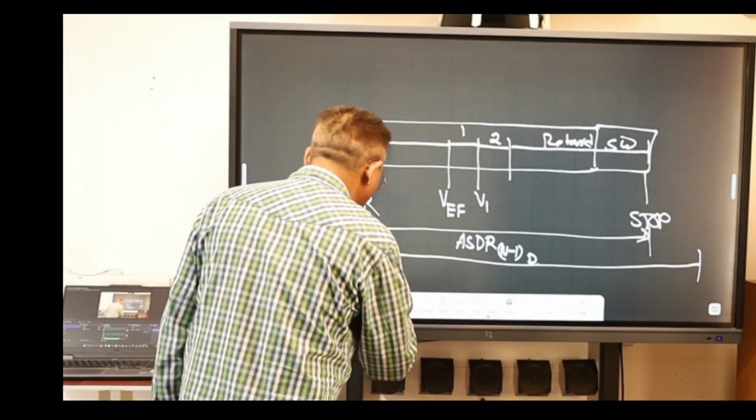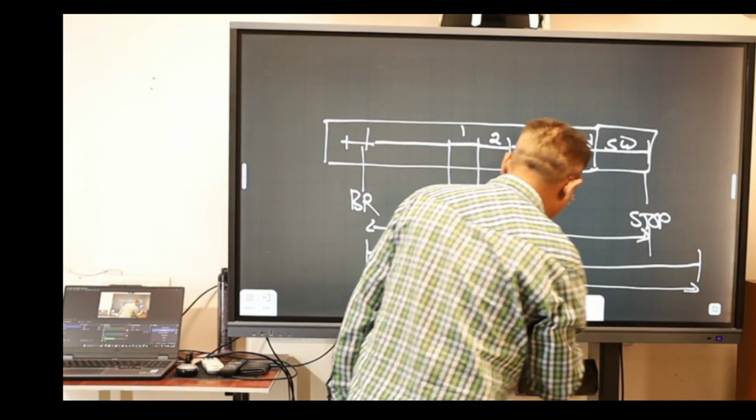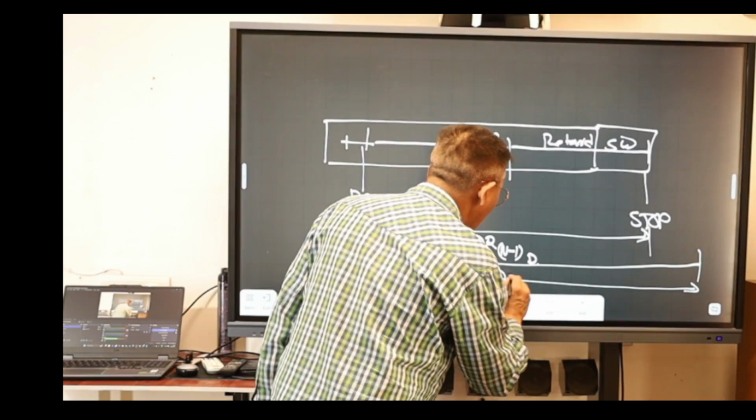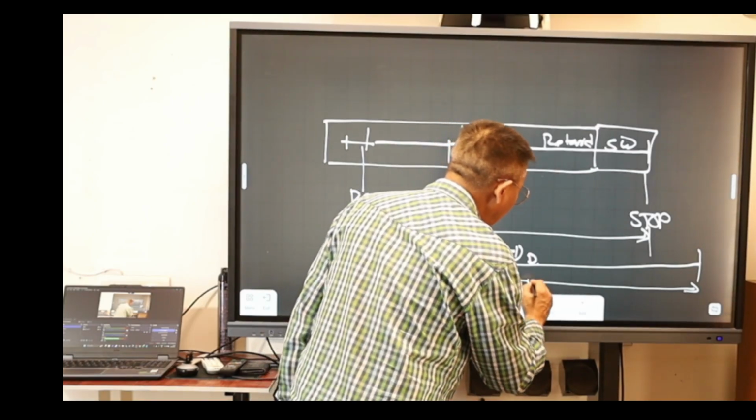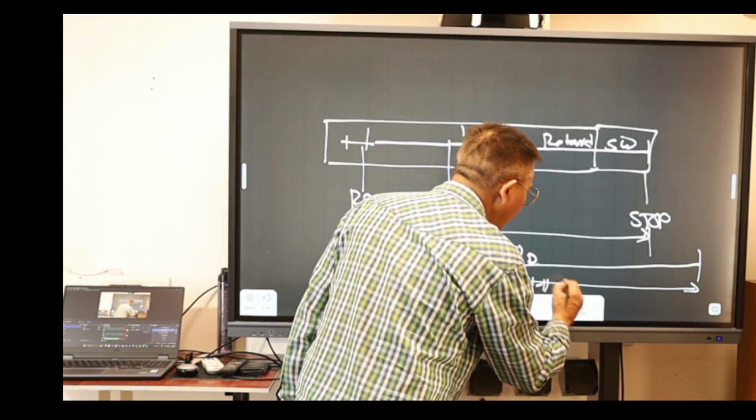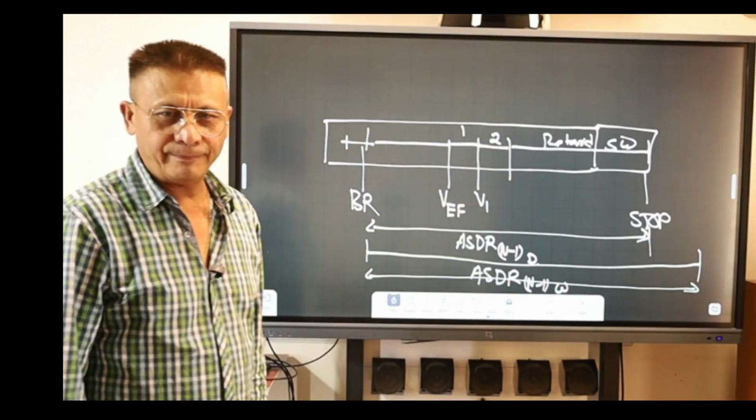However, this distance is what we are going to call ASDR, N minus 1 on a wet or a contaminated runway.